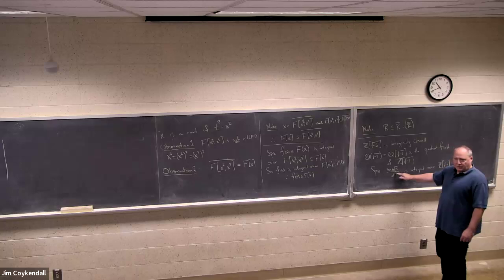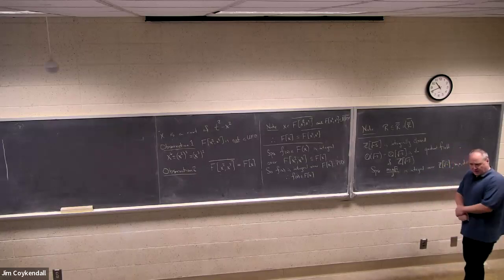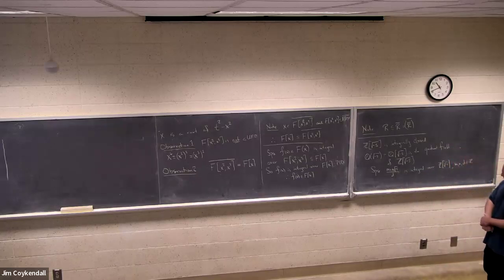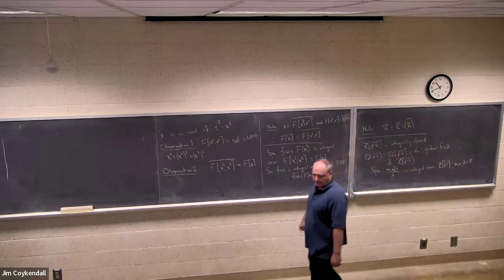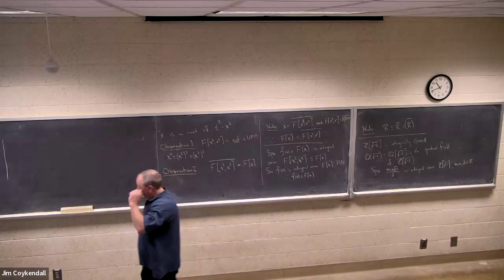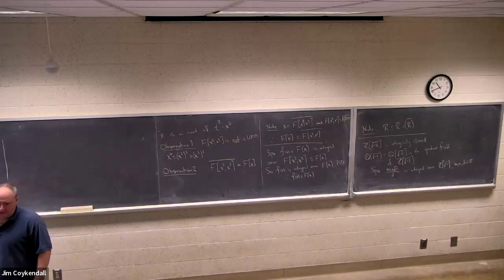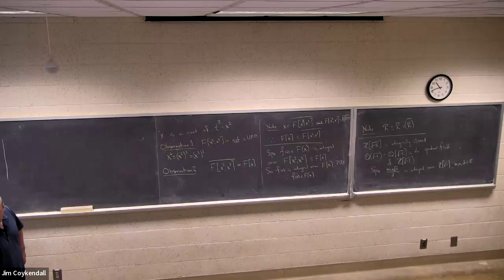What I've done here is hopefully made things a little bit more convenient on myself by making this a single denominator. Now suppose it's integral. So what does that mean? There's some algebraic relation.